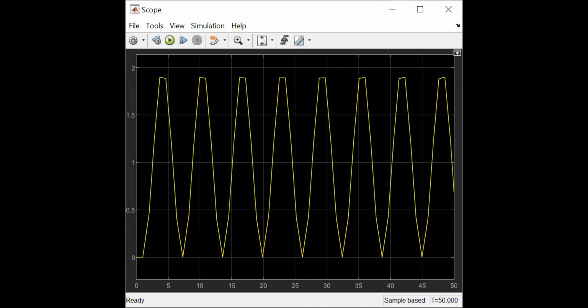Now you can see that the system is behaving in a sinusoidal fashion. Let's increase this time to say maybe 20. And then click run. And what I want you to do is observe the scope. So double click on the scope, and then observe how your scope looks.